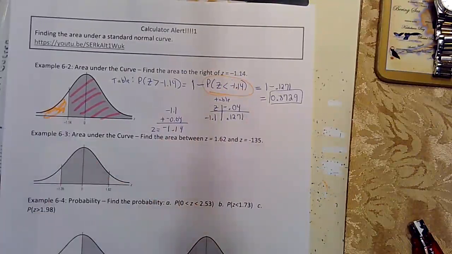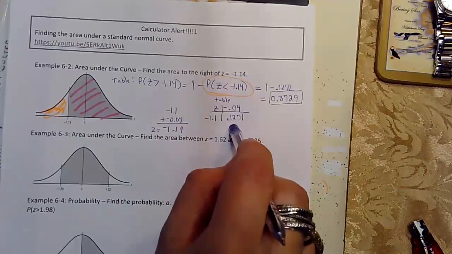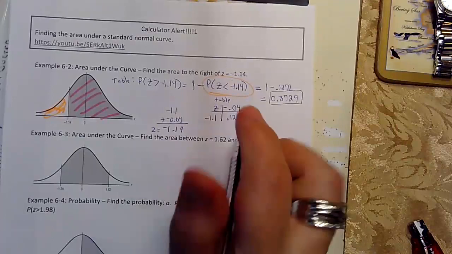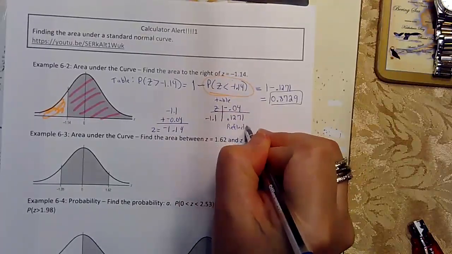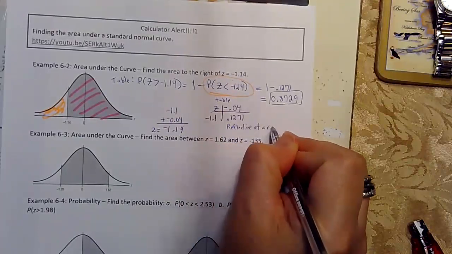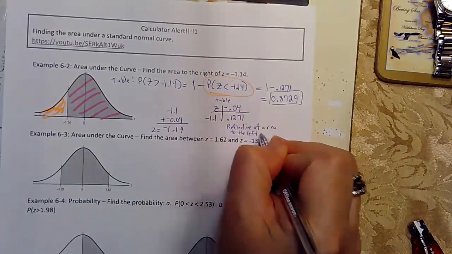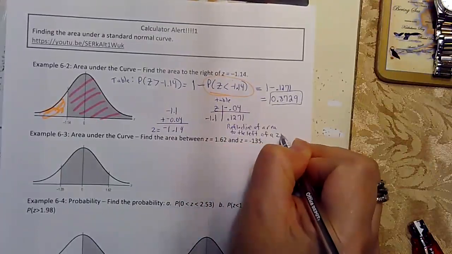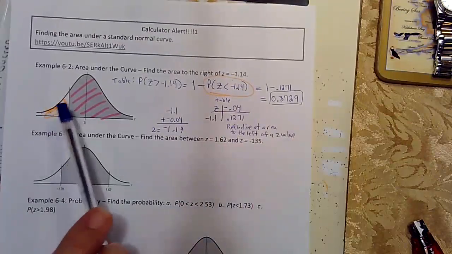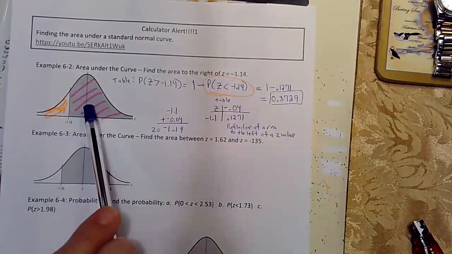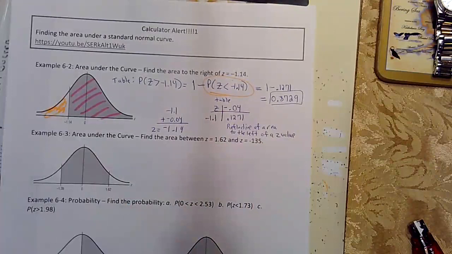Because when you use a table, this is reflective of an area to the left of a z value. So you need this though to the right of it. So you have to take this out, and you take it out from 1. Okay.